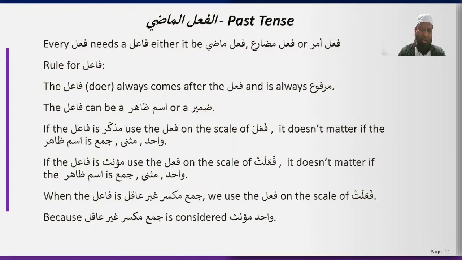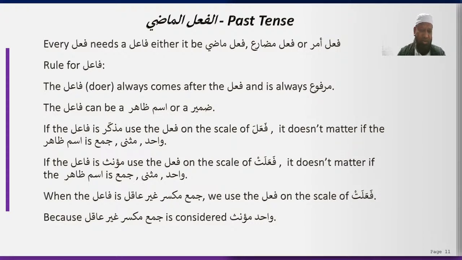Ism dhahir as the fa'il, it doesn't matter. It can be wahid, muthanna, or jama'. And if the ism dhahir is muannas, use the fa'il on the scale of fa'alat. If the ayn kalima has a kasra, fa'ilat. If the ayn kalima has a dhamma, fa'ulat.